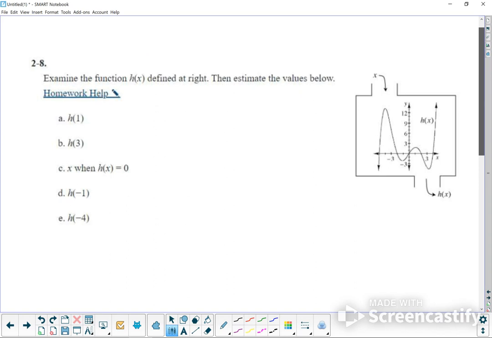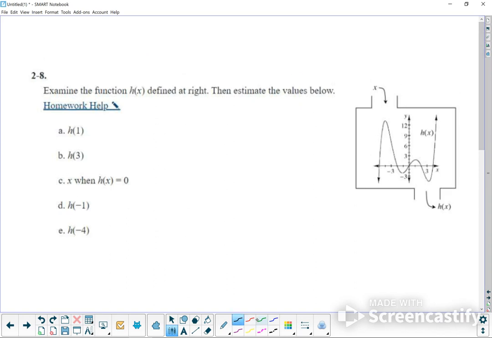Expand or examine the function h of x to find the right, then estimate the values below. Okay, so this is what we call function notation. Okay, so h of 1. Right, so here's the function h, which is right here. That's function h. And it keeps going and it keeps going.